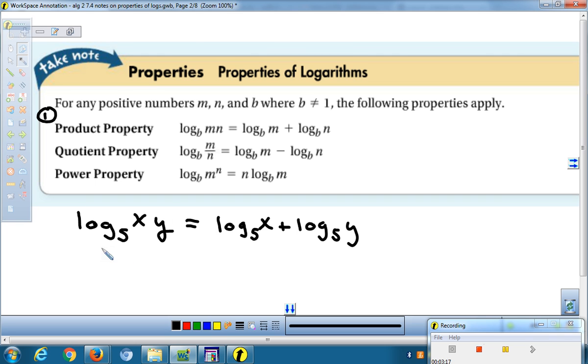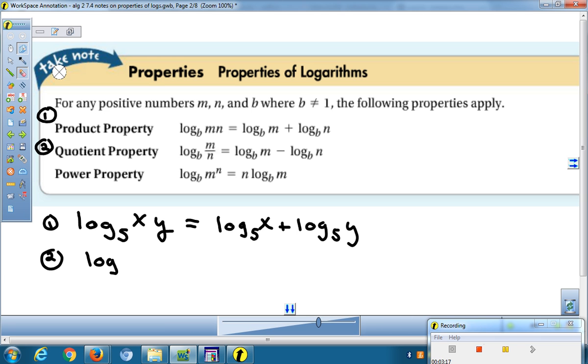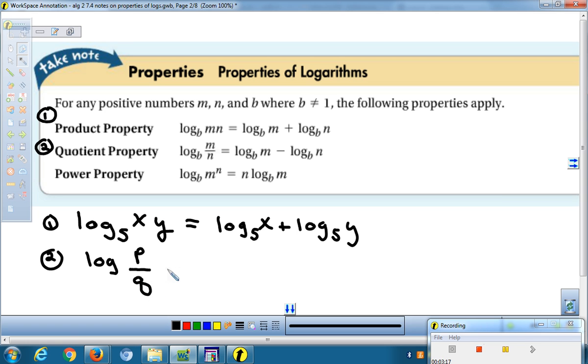All right, and easy enough if we did number 2. Let's say we had log of P over Q. I purposely did not write a base.